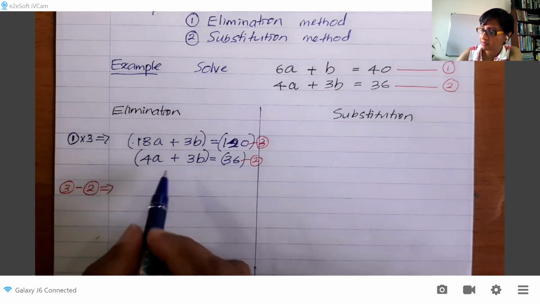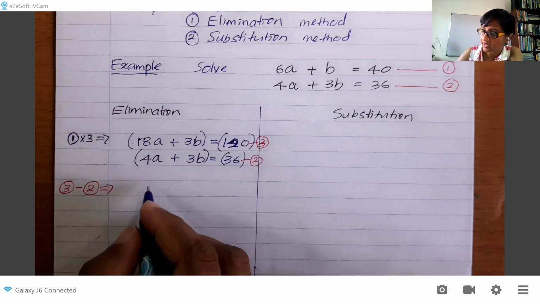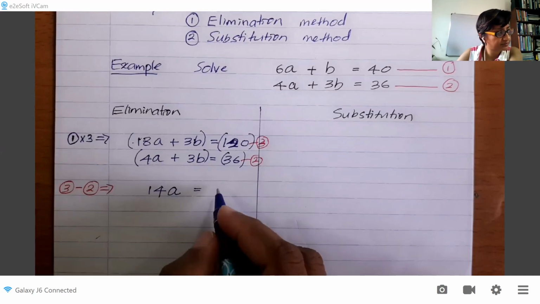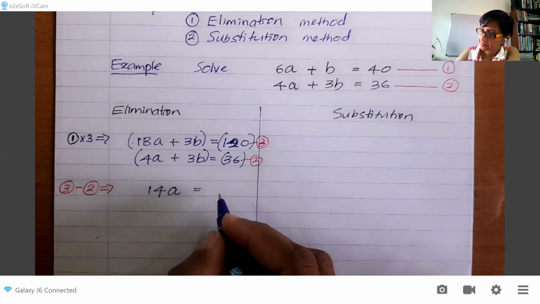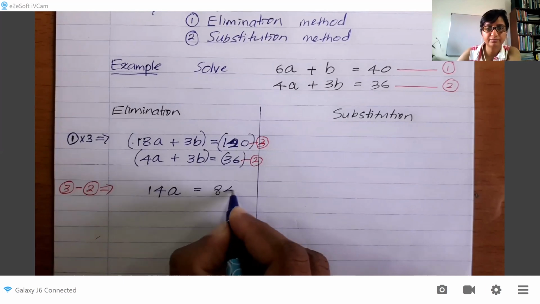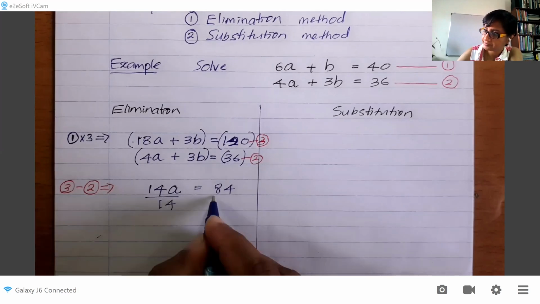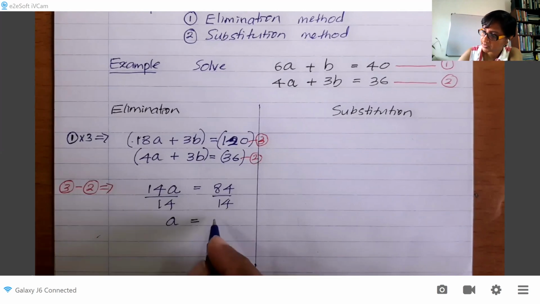So the 3B will cancel and you will get 18A minus 4A, which is 14A. 120 minus 36 is 84. Divide both sides by 14. You get A equal to 6. That's one answer.